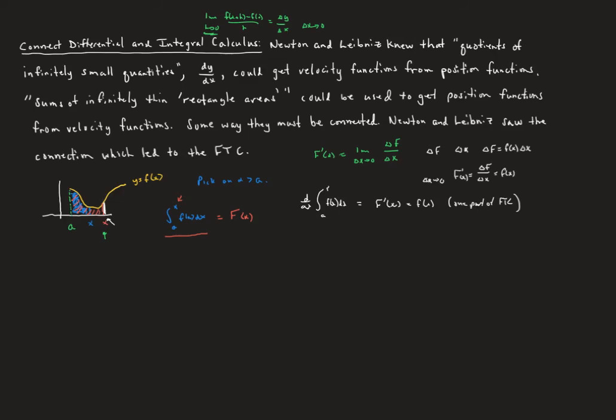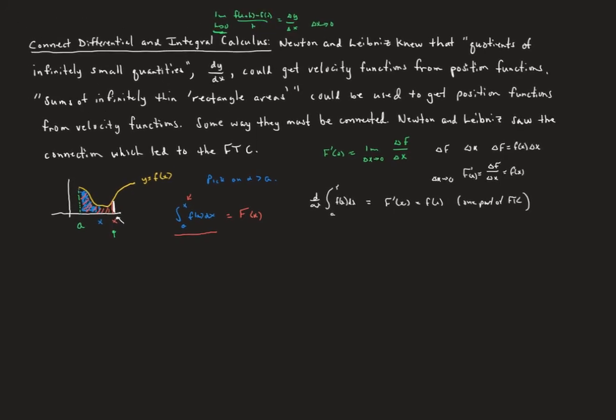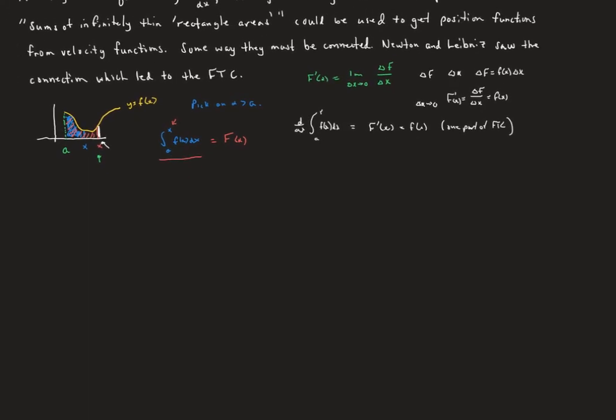Now, let's consider this going a different direction and see if we can get the other part of the fundamental theorem of calculus. I'm going to see if I can slide this up a little bit to get more room there.